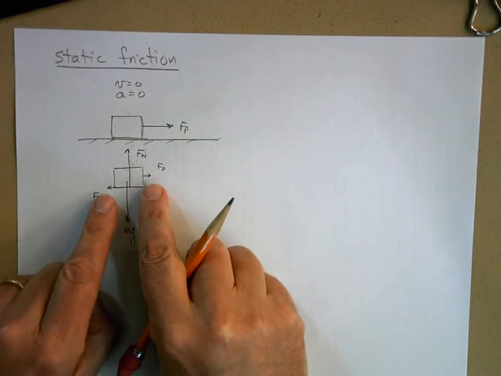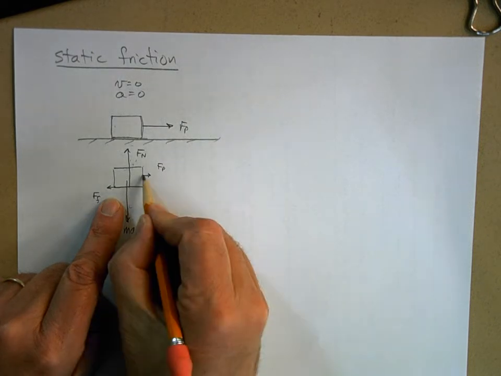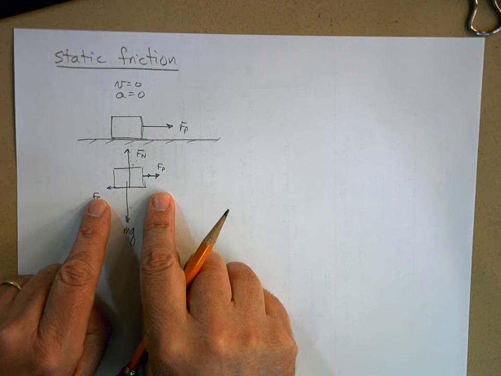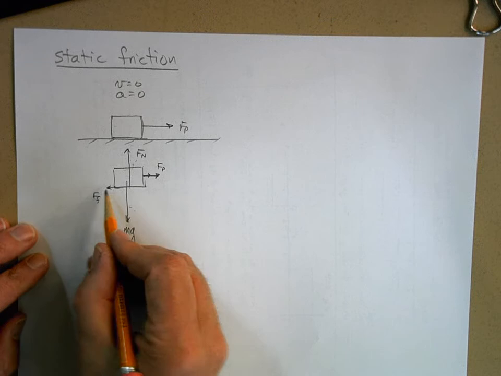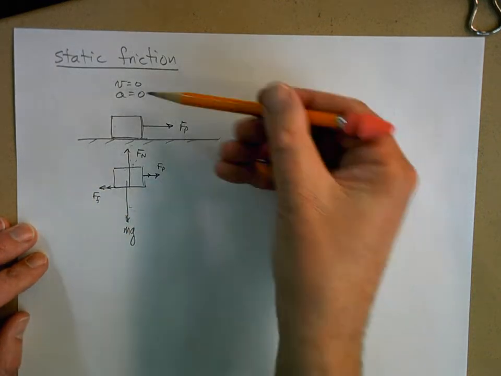They have to cancel each other out. Does that make sense? Now what if I pull on this with twice as much force? What's going to be true about my friction? Well, if it doesn't compensate for it, the object would start accelerating. But I'm saying it's not accelerating, it's staying at rest.